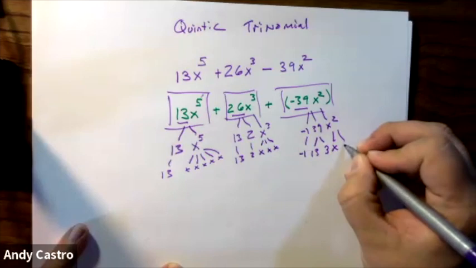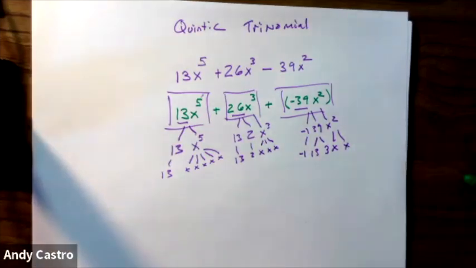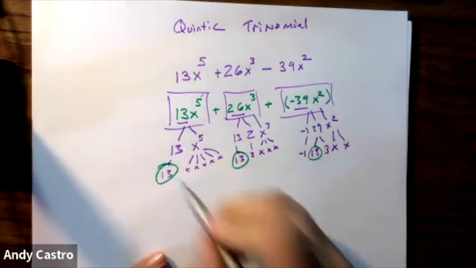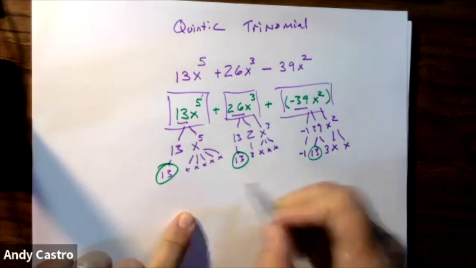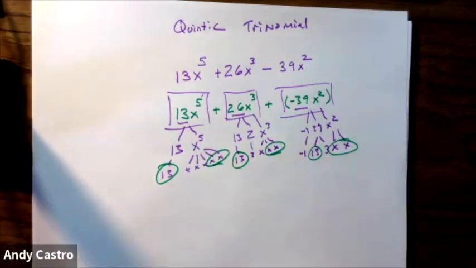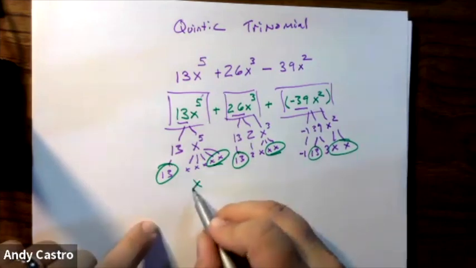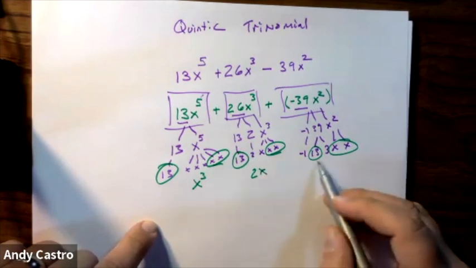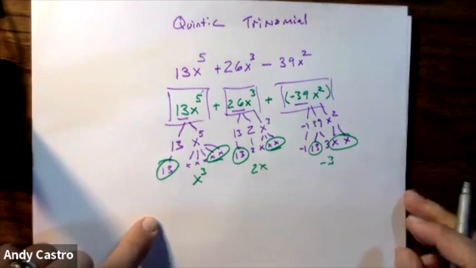X squared is x times x. All right, so I see a 13 in each one of these, and I see 2 x's in each one of these. So I'm left with x to the 3rd, a 2x, and a negative 3.